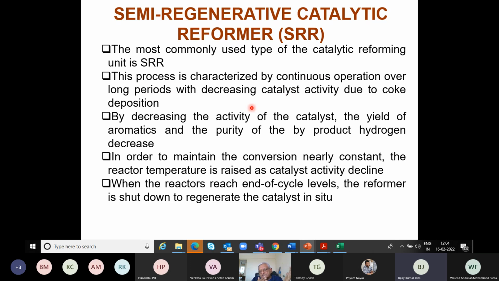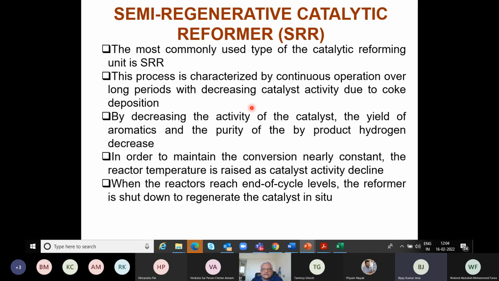When you start with a fresh catalyst, the activity is quite constant for some time, and then it slowly reduces over a period of time. As the activity goes down, the reactor temperatures have to be increased to compensate for the reduction in activity of the catalyst.